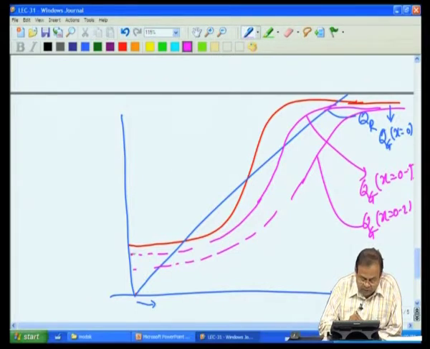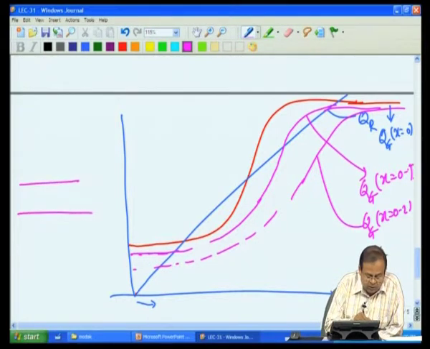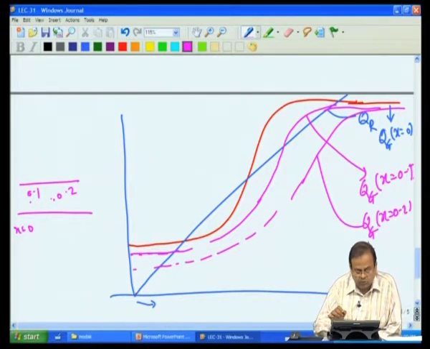So, for example, from start, if my operating point or somewhere along this reactor, see this is my x equal to 0, that is my conversion, and at some location x will become 0.1, 0.2 and so on, and temperatures will also change.